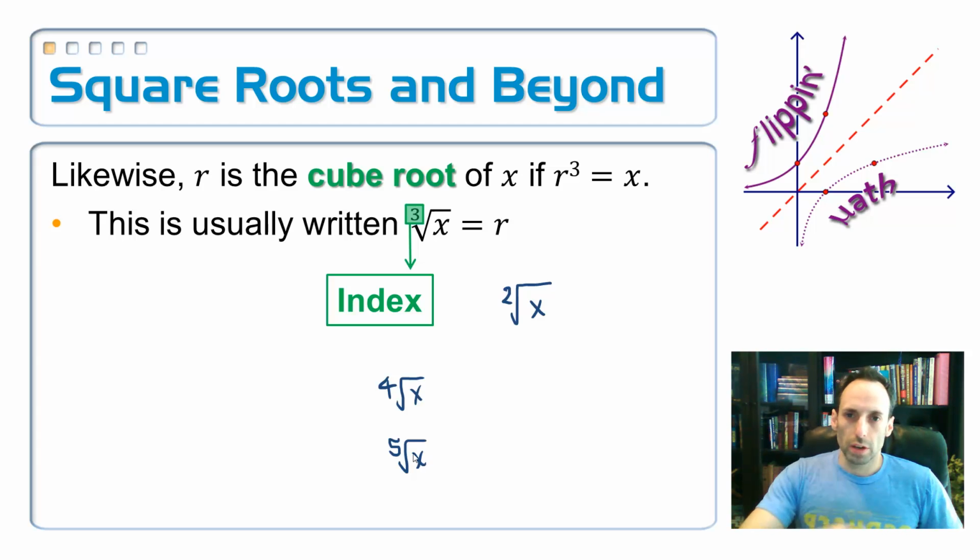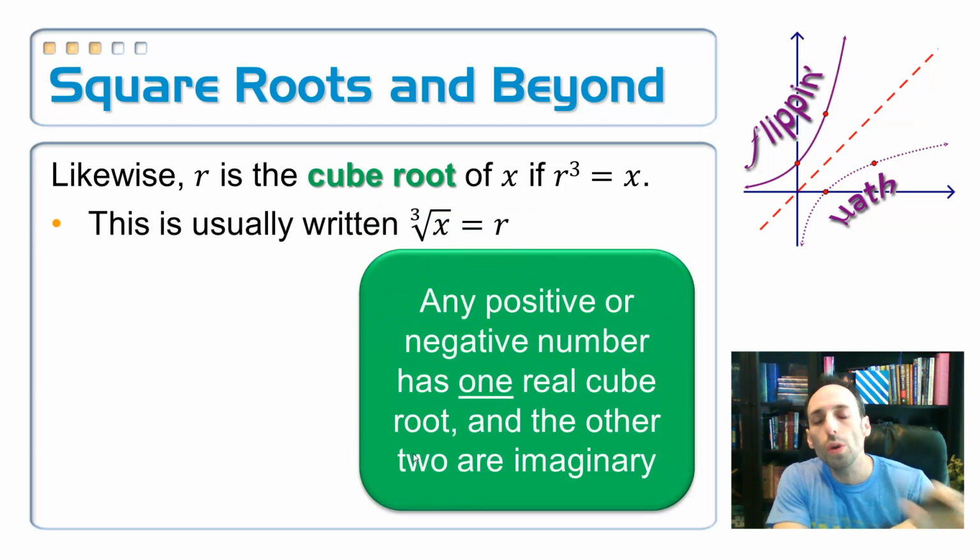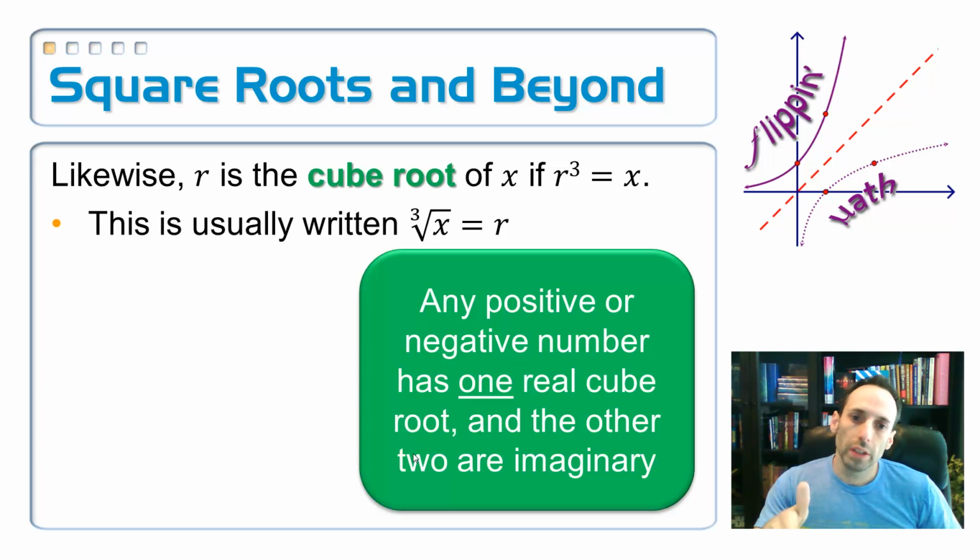So let's talk about the cube roots just a little bit more. Any positive or negative number has just one real cube root, and then it has two imaginary ones. As a matter of fact, that's what your challenge problems will be about in this section. They're fantastic. You remember sine, cosine, tangent, and unit circle stuff? They're back.